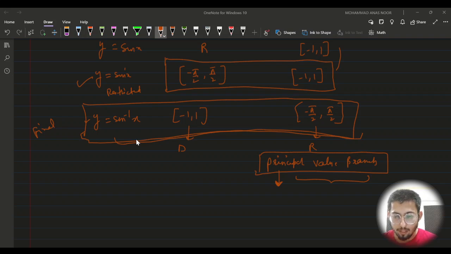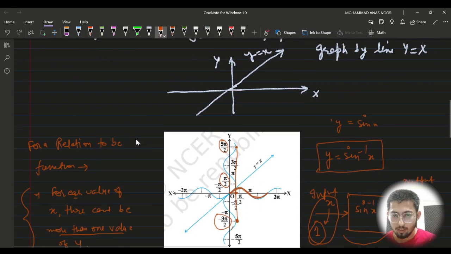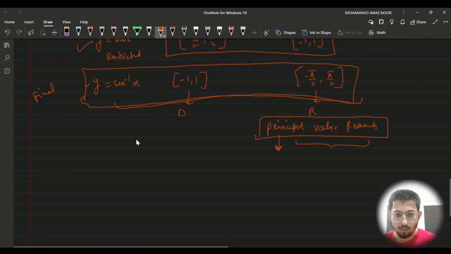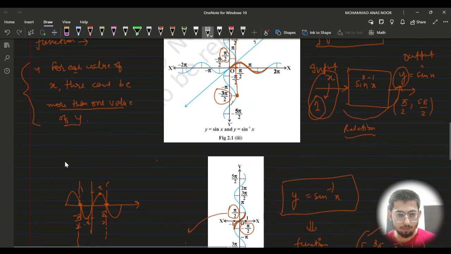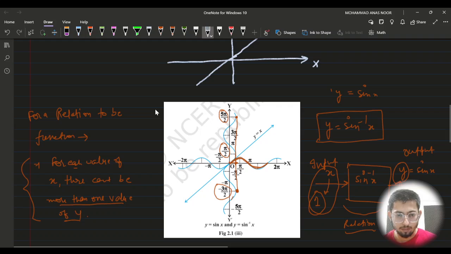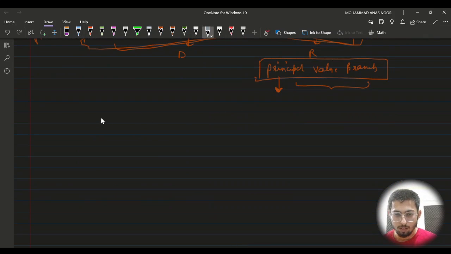Let us see the cosine function. So have you got this one? The first one is y equals sine x. The second one is y equals cos x. First of all, I will copy the original graph.